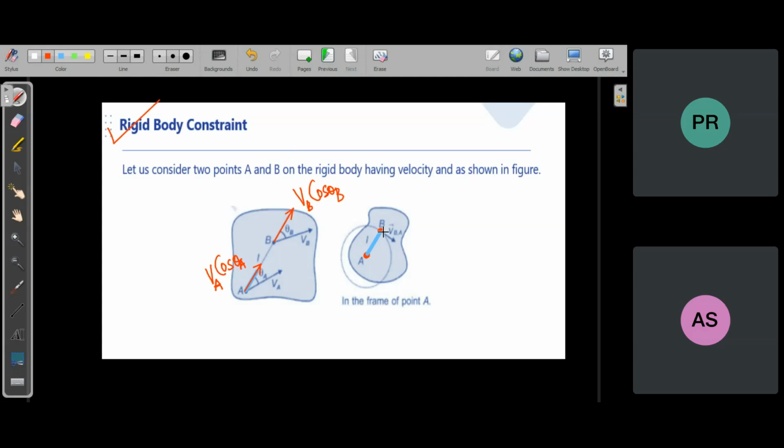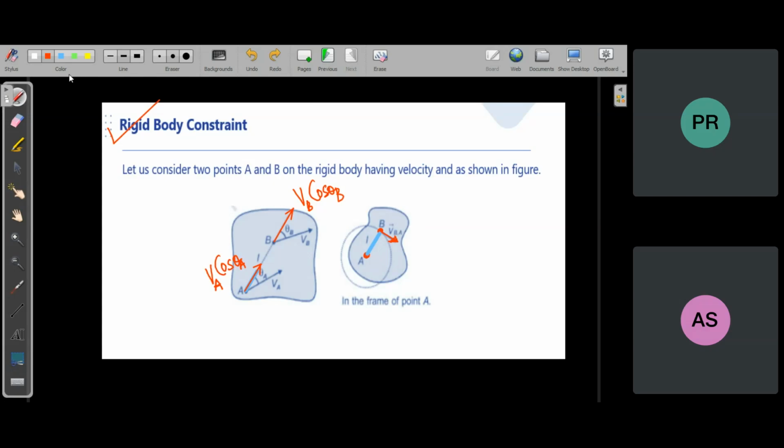So with respect to particle A, particle B will be going in a circle. And you know in circular motion, velocity is always perpendicular to the radius. So if you are sitting at A, particle B will be moving in a circle with its center at A. So AB became the radius, and now this is the relative velocity, the perpendicular component.